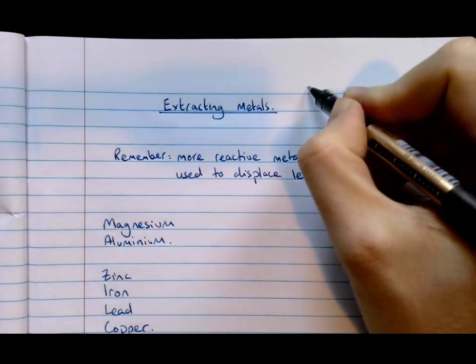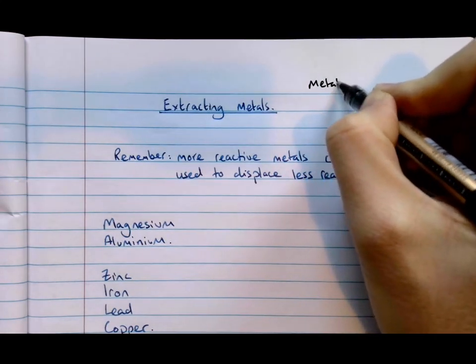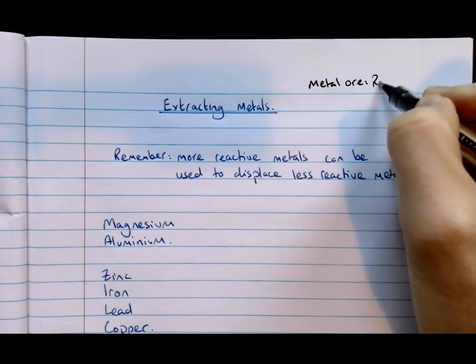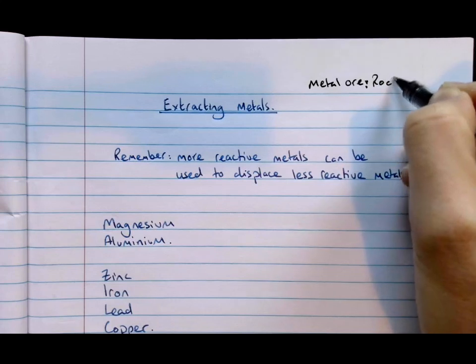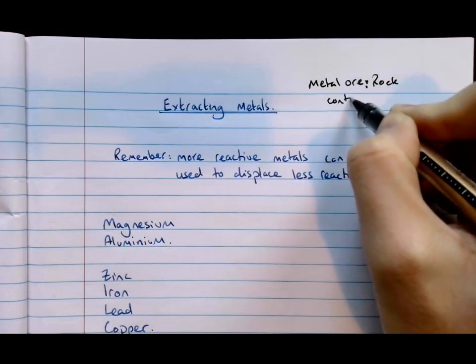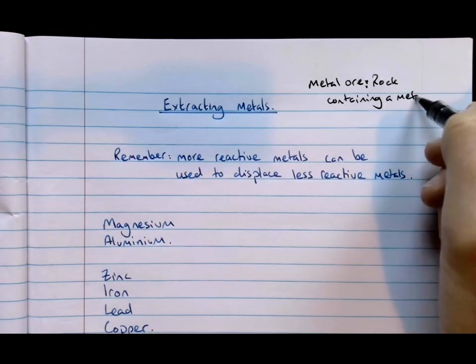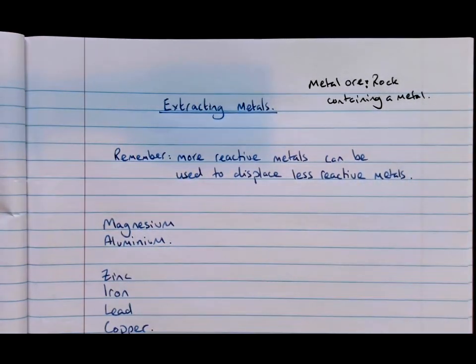Okay, so if we have a metal ore, that's just a rock containing a metal. So we dig up the metal ore out of the ground, and we need to extract that metal from the metal ore.